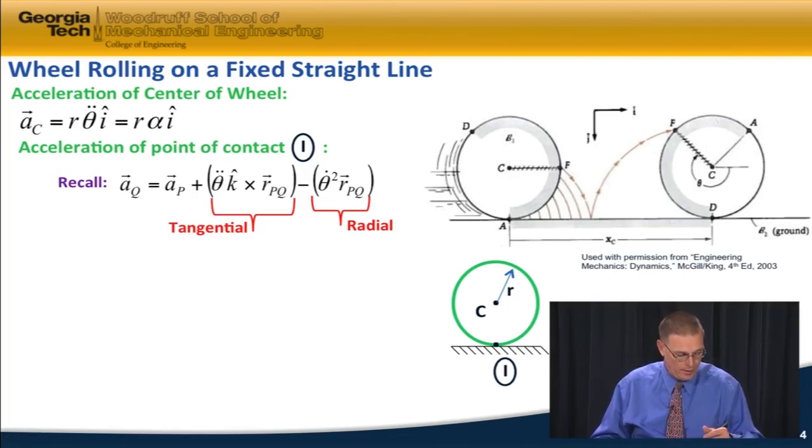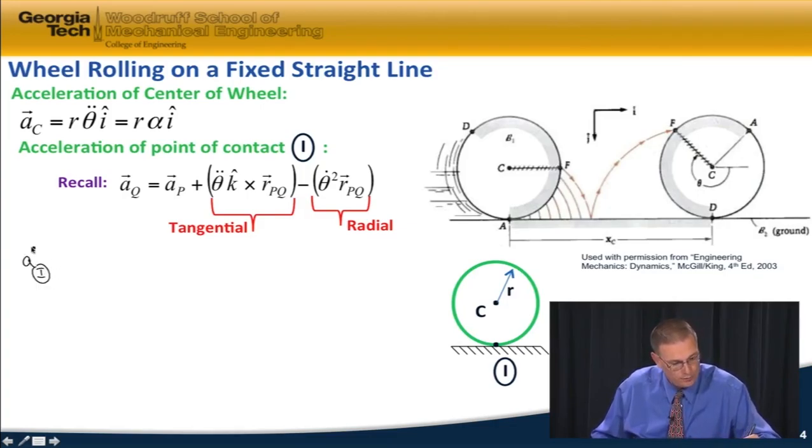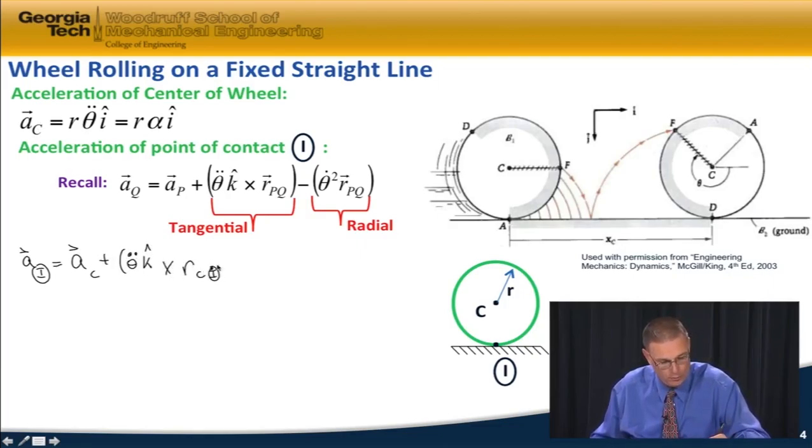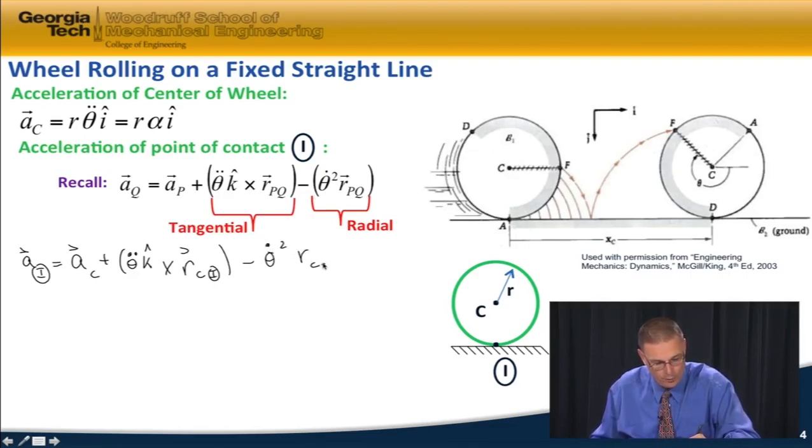And so I'm going to have the acceleration of the unknown, which is now the point of contact, equals A of C, which we found, plus theta double dot of the wheel K, crossed with R from known to unknown, minus theta dot squared R from known to unknown. That should be an I, not a very good looking I, but that's okay.